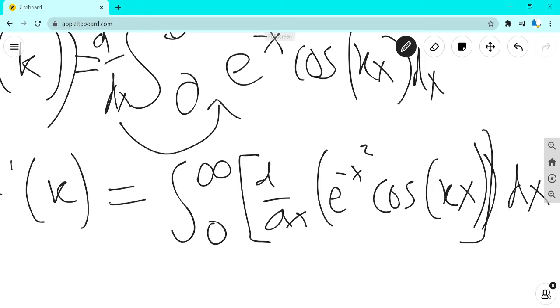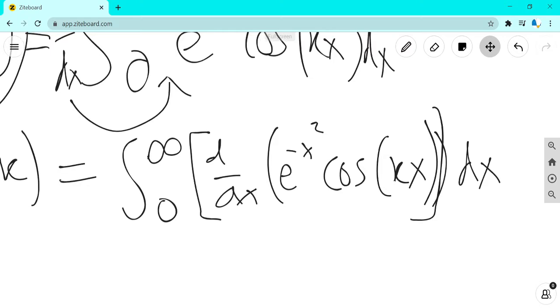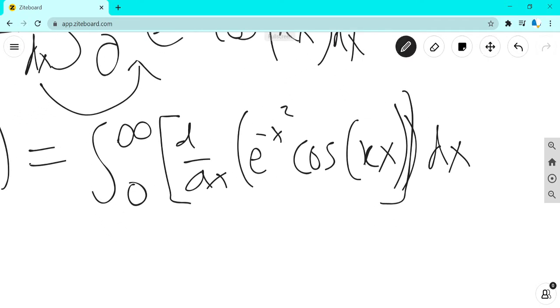So now, what can we do with this? Well, we can use partial derivatives to solve this one. In this, we have to pretend now that k is the actual variable and x is just a constant.